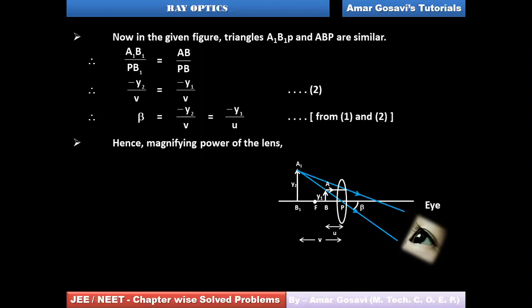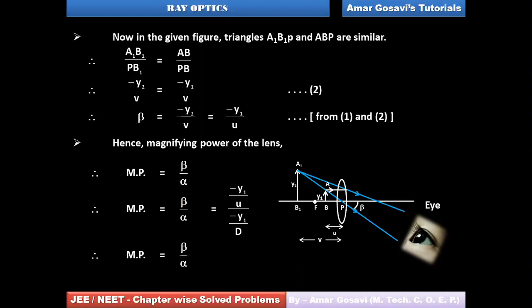So how do we define the magnifying power now? As per our definition, we have defined magnifying power as the ratio of two angles, beta divided by alpha. Let's put the equations. It's beta by alpha, which will be minus y1 by u divided by minus y1 by d.